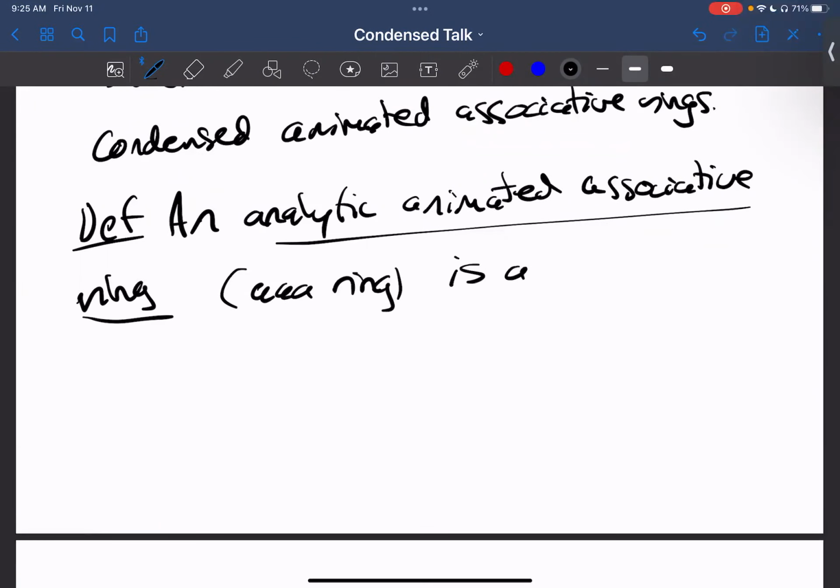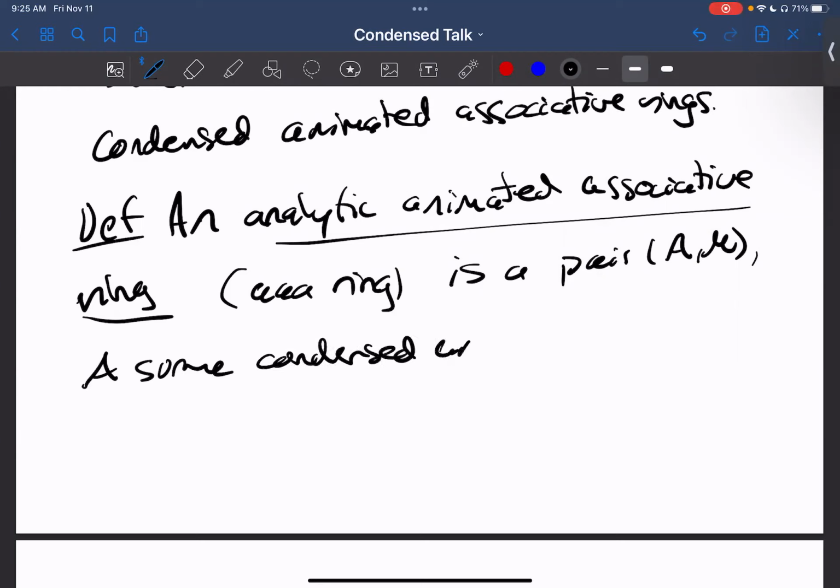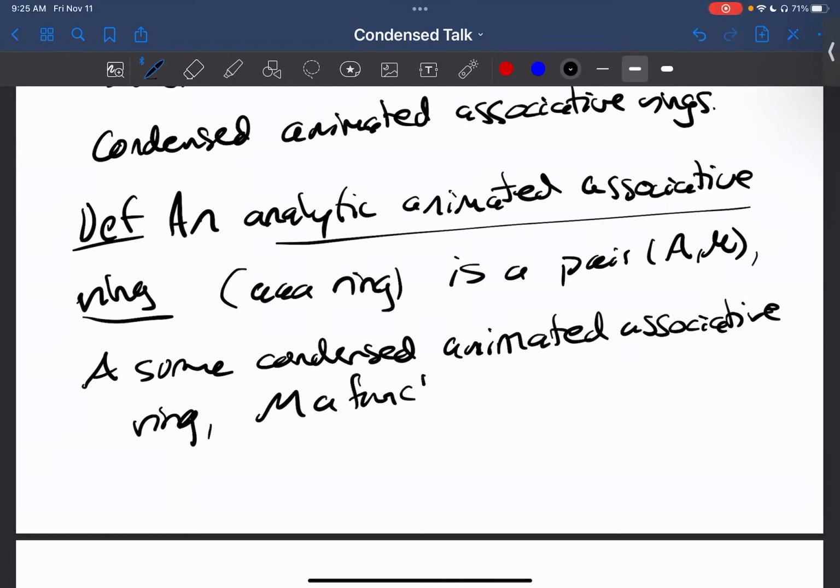It is a pair (A, M), some condensed, animated, associative ring A, and a functor of measures as before. But in this case, landing in the pre-stable infinity category.